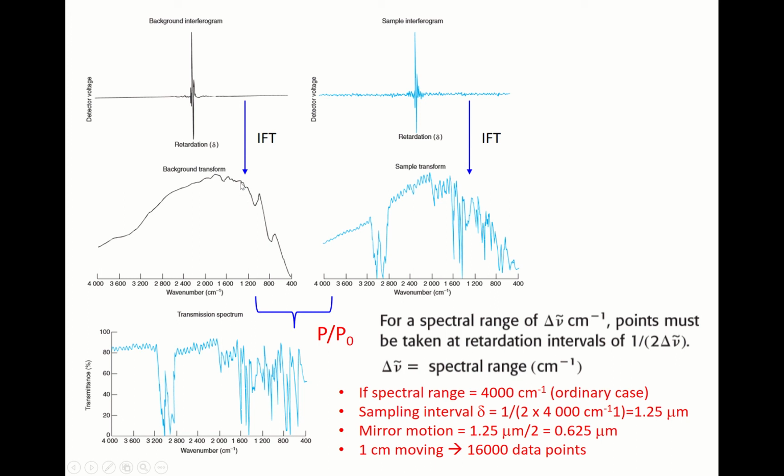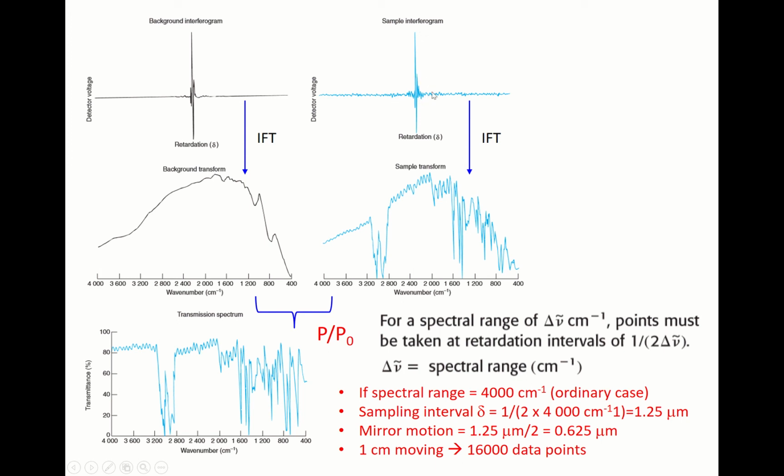This one includes the light source spectrum and all other things; it contains everything. Then you put the sample in the sample position and get the sample interferogram. At first they look similar.